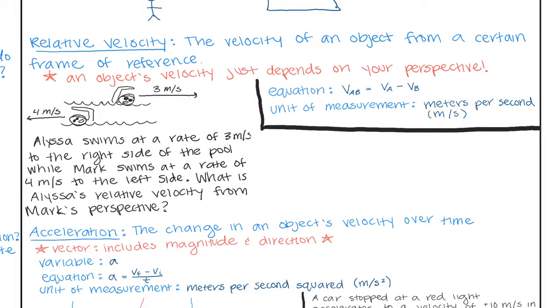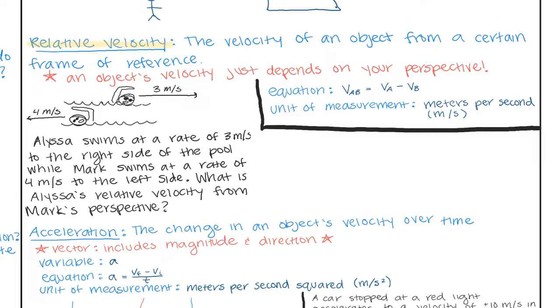So relative velocity, this is another vocabulary term for you all. Relative velocity describes the velocity of an object from a certain frame of reference. So while the object's velocity is not necessarily changing, the object's velocity does depend on your perspective. So let's talk about what I mean by that.